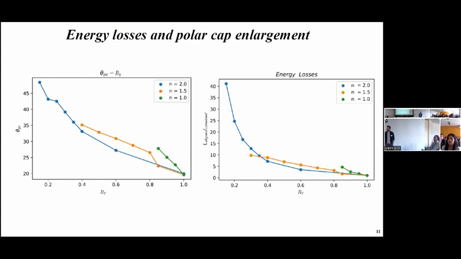Also, if we look at the polar cap, we will see that it increases over a value of 45 to 50 degrees. That's a huge polar cap, and this is because in this model the light cylinder is only 10 times far away from the stellar surface, which is like a millisecond pulsar.